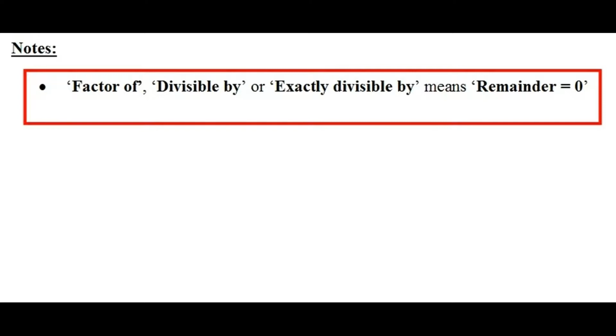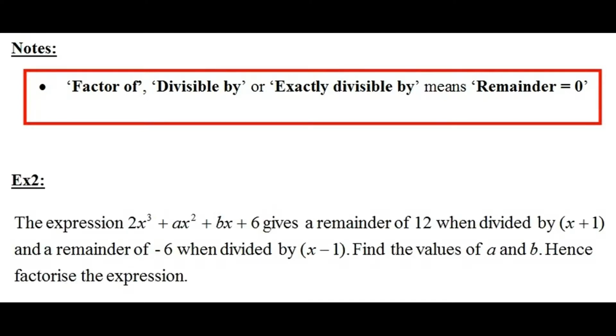Okay, so let's try this problem using our knowledge of the remainder theorem. In example 2, we have a polynomial 2x cubed plus ax squared plus bx plus 6. That gives a remainder of 12 when divided by the linear x plus 1, and a remainder of minus 6 when divided by the linear x minus 1.